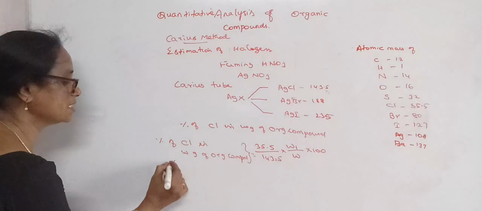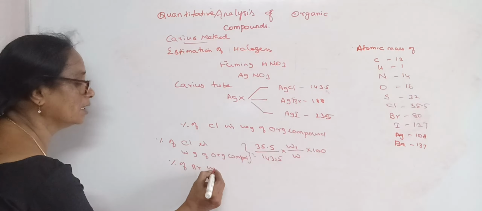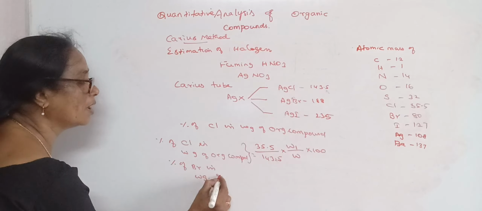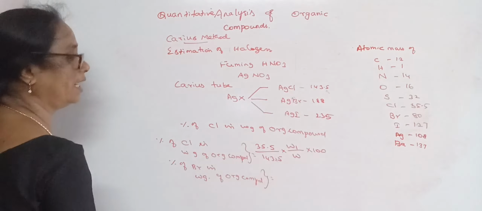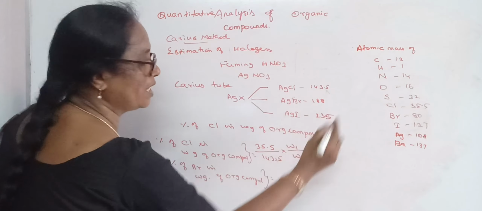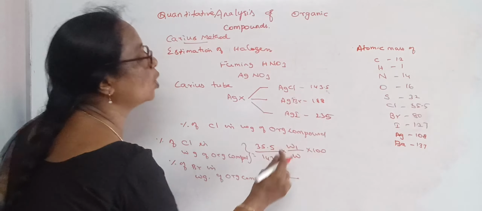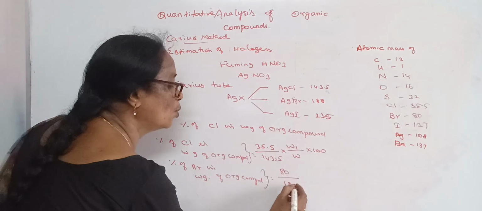Similarly, the percentage of bromine in W gram of organic compound: we take the atomic mass of bromine 80 and the whole mass of silver bromide 188.